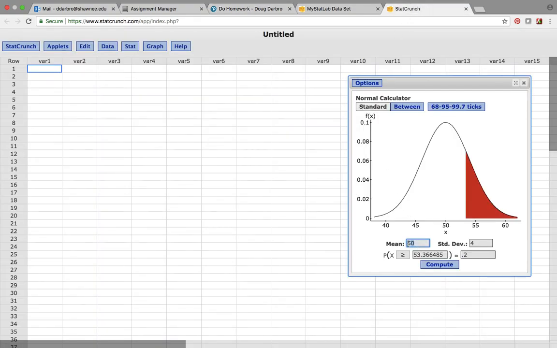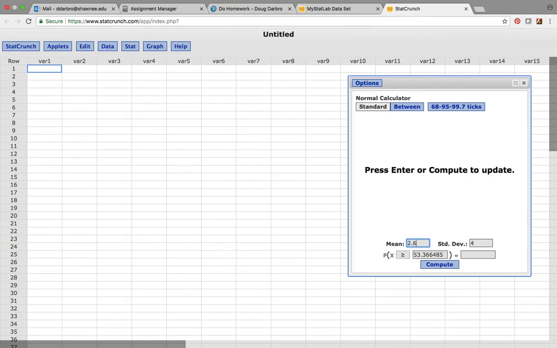Now, guys, a lot of students will put in the 2.66 correctly, but then they'll put the standard deviation in as 0.05, and then they get the problem wrong. The reason is when we take the sampling distribution of more than one at a time, and we look at the probability of the mean, then we have to divide this by the square root of the sample size, which in this case is 10 tennis balls.